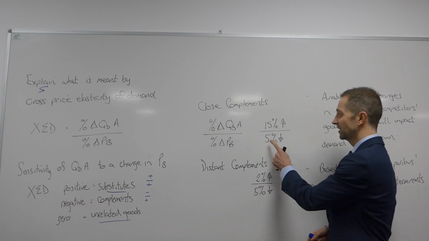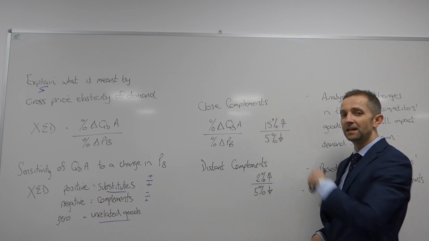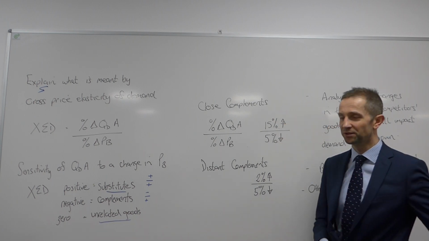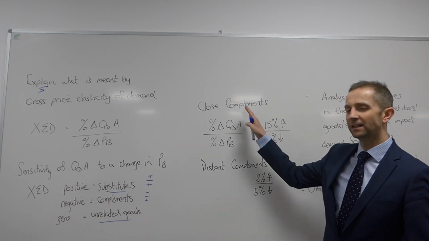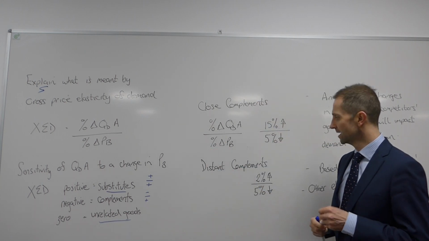So you might get a scenario like this, 5% reduction in price yielding a greater increase in the quantity demanded, so say 15% in this instance. So in that case we'd be talking about things which are relatively close complementary goods.